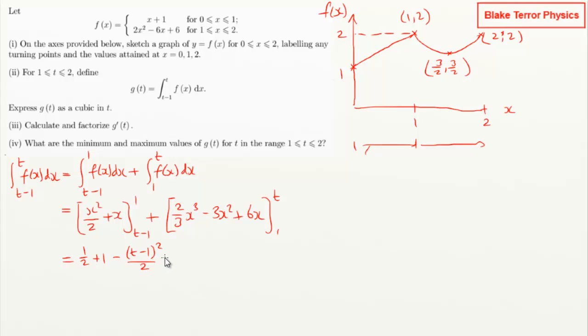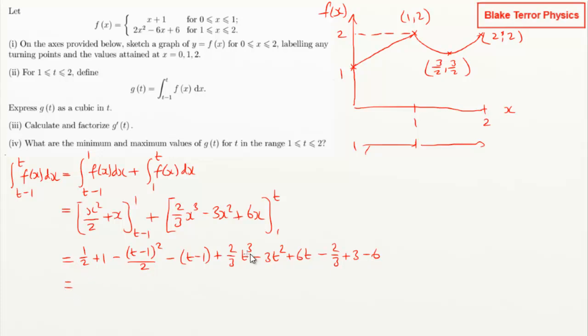Then it will be minus (t minus 1). Then I'm going to have plus 2/3 of t cubed minus 3t squared plus 6t. Then minus 2/3 plus 3 minus 6.